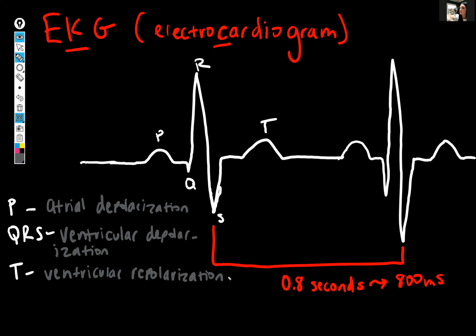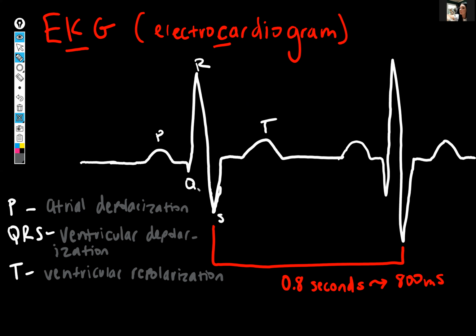All right, so P is atrial depolarization. QRS represents ventricular depolarization, with the different parts, Q, R, and S, representing the steps on the way to ventricular depolarization.